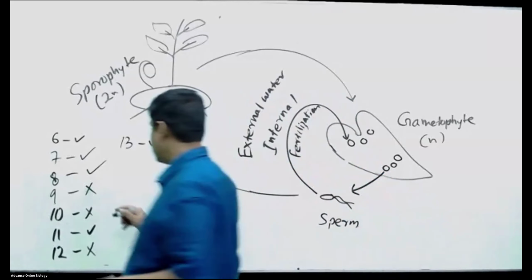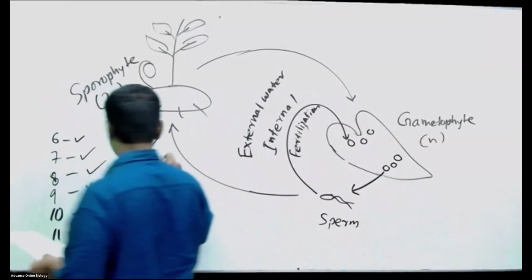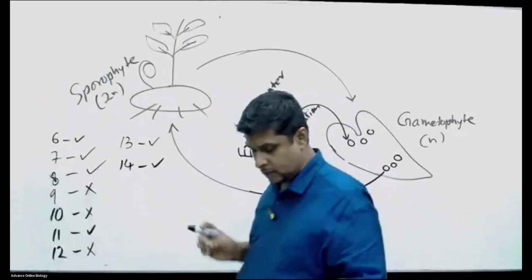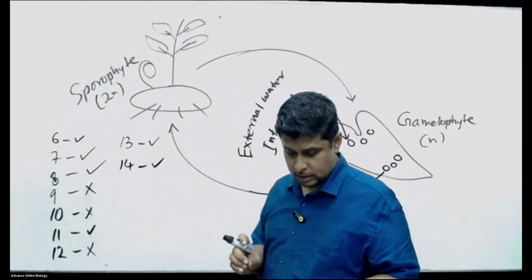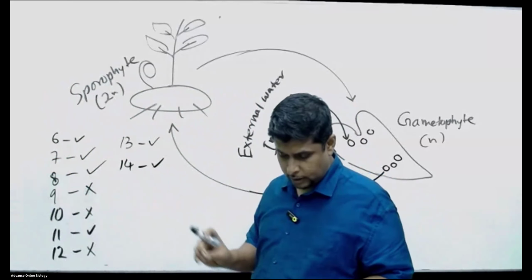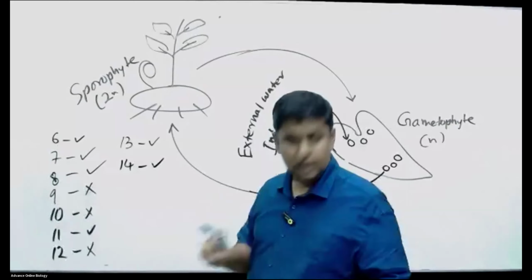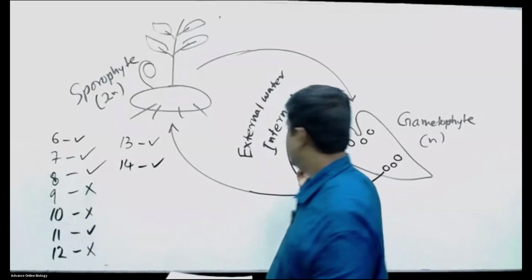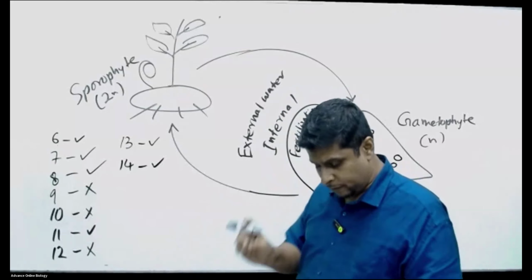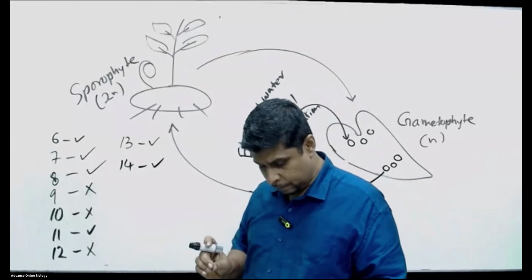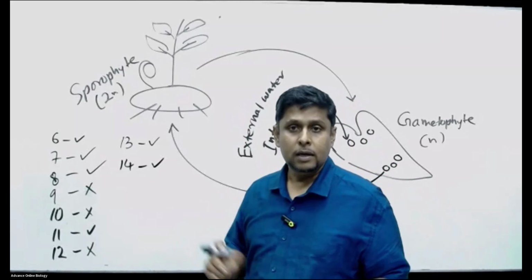Correct, right? Correct statement. Do you understand that? In Nephrolepis, after fertilization, zygote develops into the embryo and then is going to be retained in the gametophyte. Right. 14th is correct.